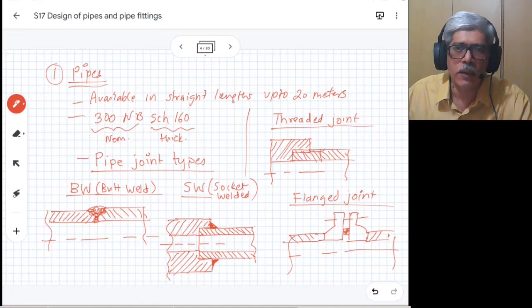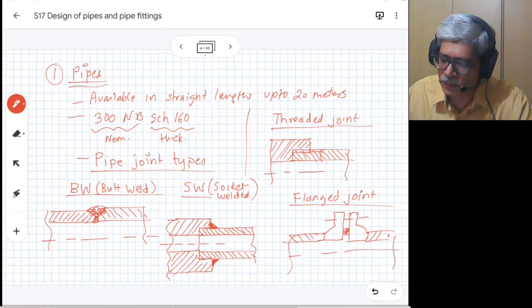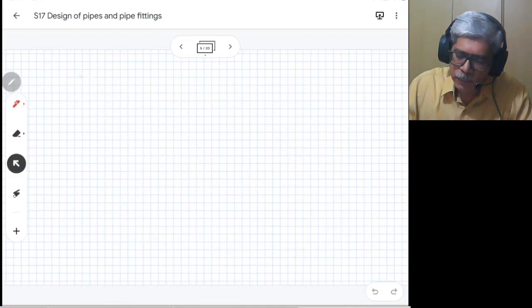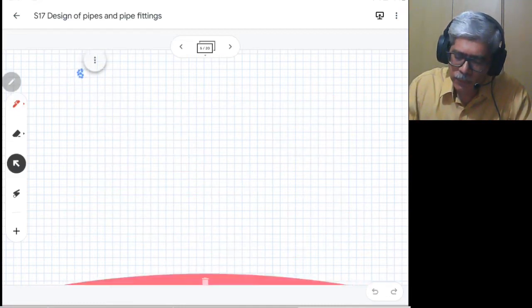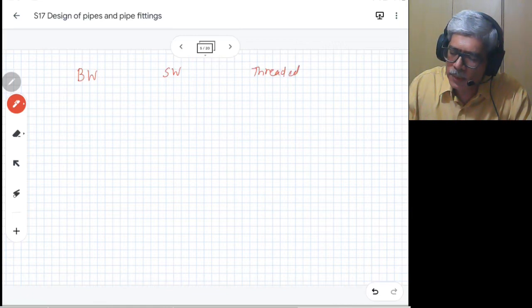Now, in order to choose which type of joint to use, you have to understand the features of each of these joints. So let's understand the features of these joints. If we compare the four joint types, we have the butt welded joint, socket welded joint, threaded joint, and the flange joint.